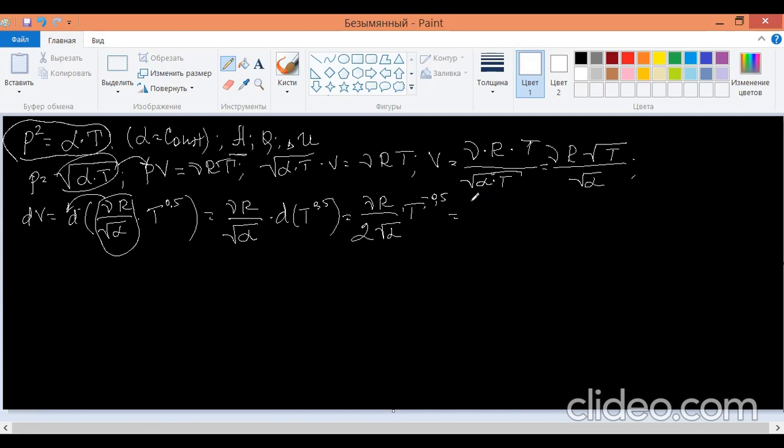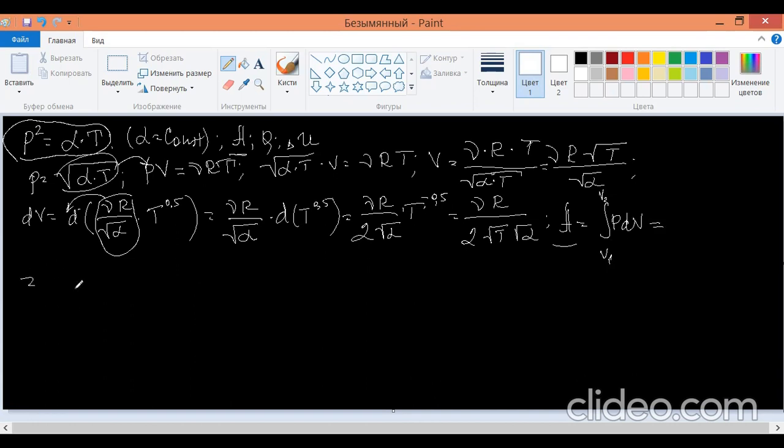Let me rewrite it in more traditional form. And now we can write the integral to identify the work done, with integration limits from V sub 1 to V sub 2 of P dV.